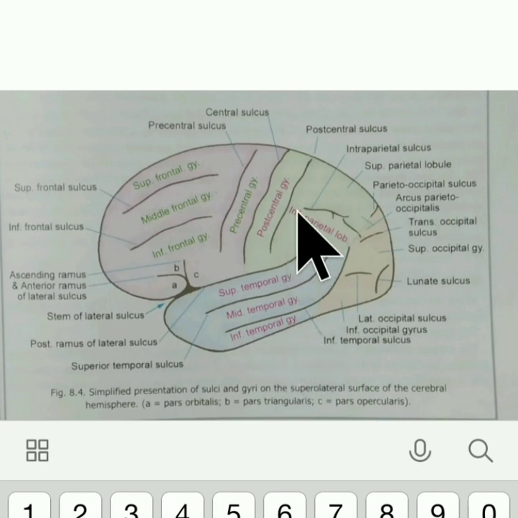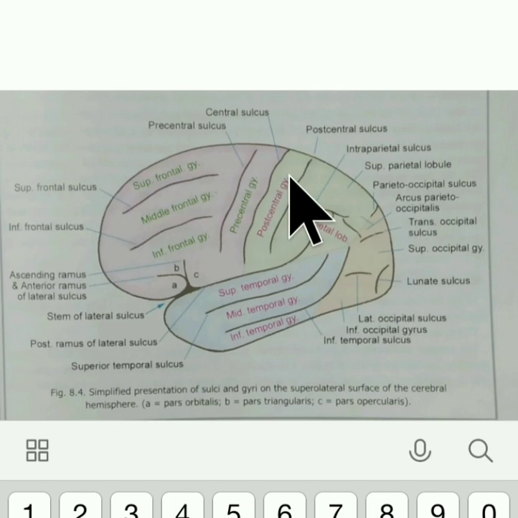Next is the parietal lobe. It has a sulcus called the postcentral sulcus, which runs downward and forward, parallel to the central sulcus and a little behind it. The area between the central sulcus and postcentral sulcus is the postcentral gyrus.